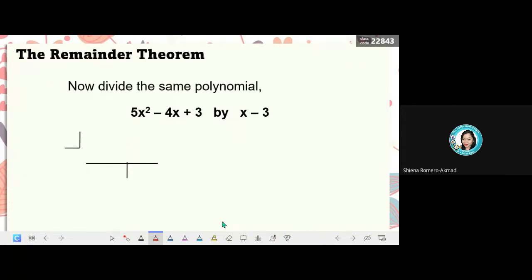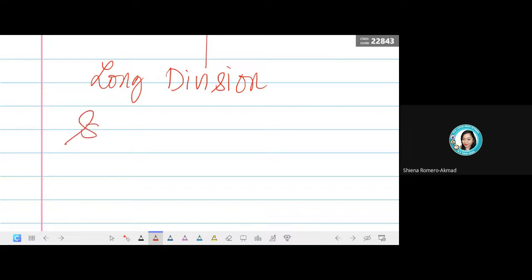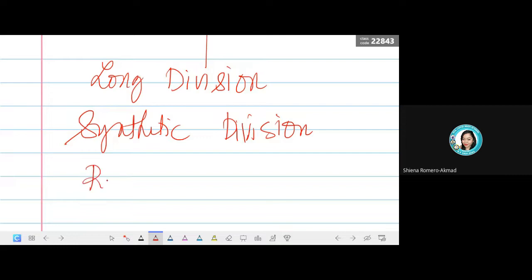So, yun po yung topic natin ngayon. Yung tatlo: we have the long division, we have the synthetic division, and the other one is the remainder theorem.